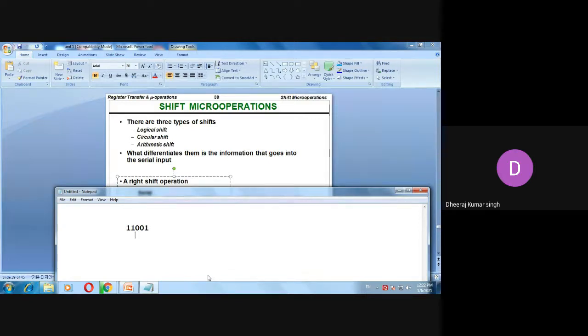The previous one will come at this place, the first one at this place, the second one at this place, this zero at this place, another zero at this place, and this one will come here. But this one will be discarded, since we know very well that there is no position before the unit place, that is the LSB position, no bit can exist below the least significant bit position. So your number after performing the right shift is 1100.